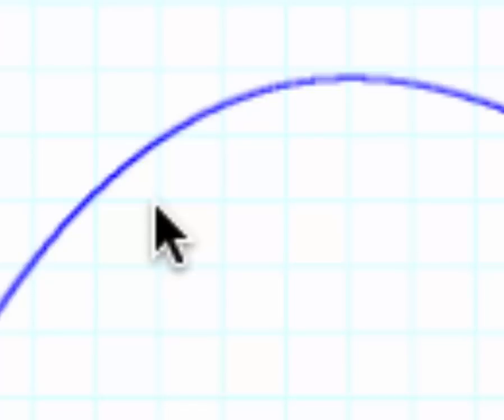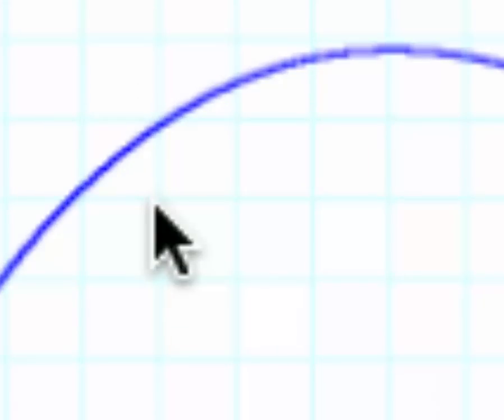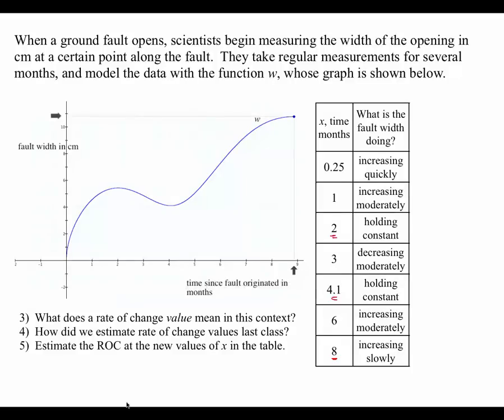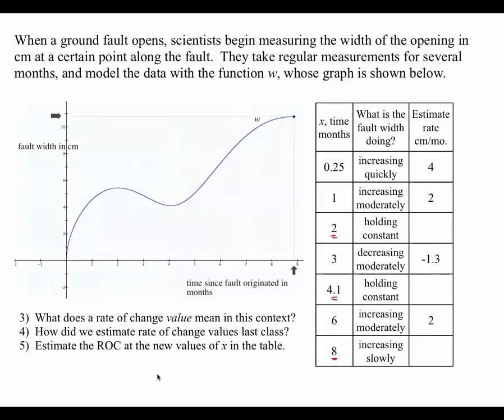Centimeters per month. 2 centimeters per month. Okay, and so here were the values that we got. For doing that same process at 0.25, we got 4 centimeters per month, and then at 1 we got 2, at 3 we got negative 1.3, 6 we got 2. So let's look at these other 3. Let's go in here at 2.